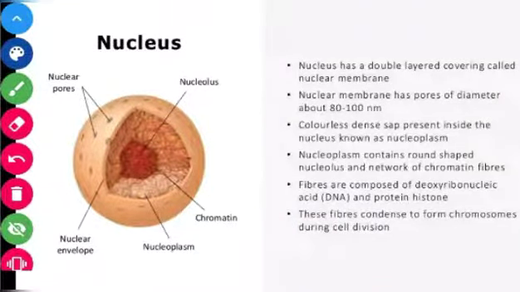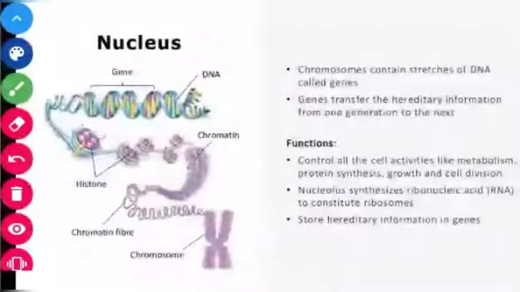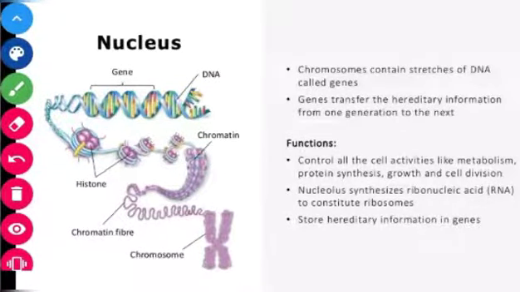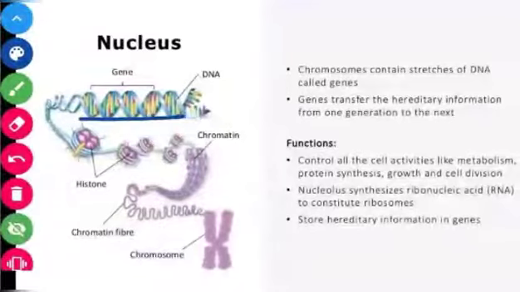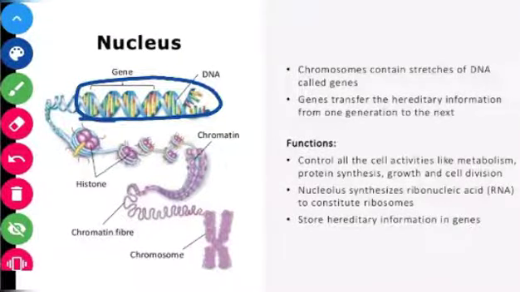Let us see the next thing, the third slide of the nucleus: the condensation of DNA to form a chromosome. Here you can observe a simple diagram. This is a DNA, and from the DNA it is forming a chromosome.